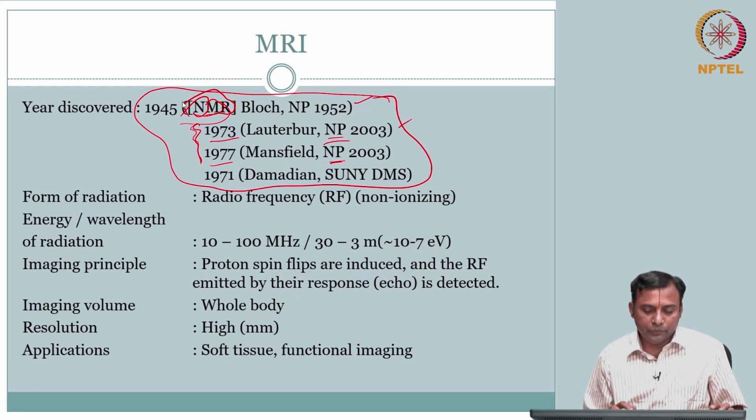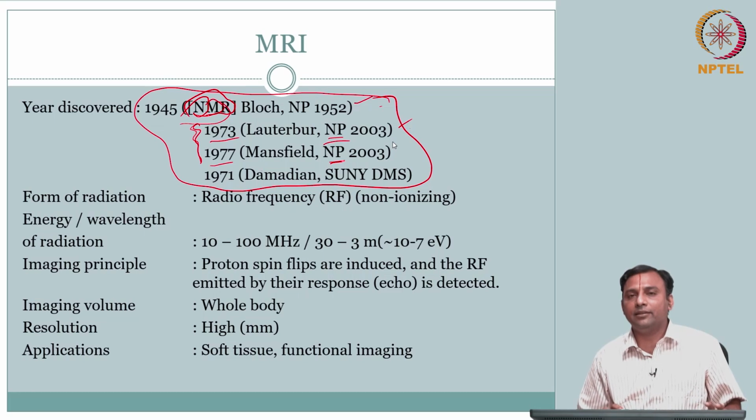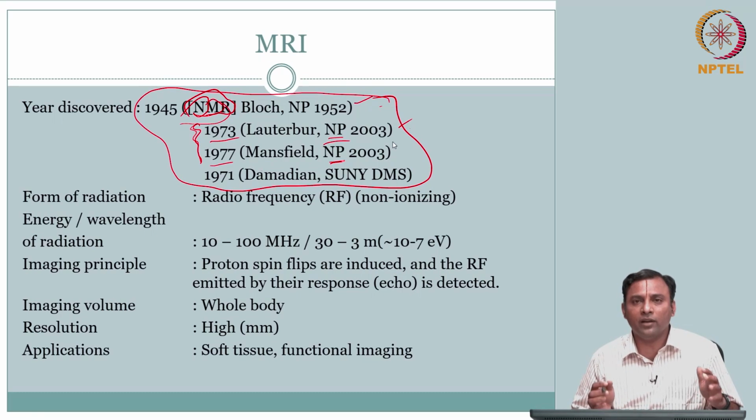So you can already see it is very recent, in the sense that the Nobel laureates are only a couple of decades ago, and from an instrumentation point of view, use of MRI for humans is real serious activity in the last 2-3 decades. So it's one of the newer modalities amongst the most popular imaging modalities on the market.